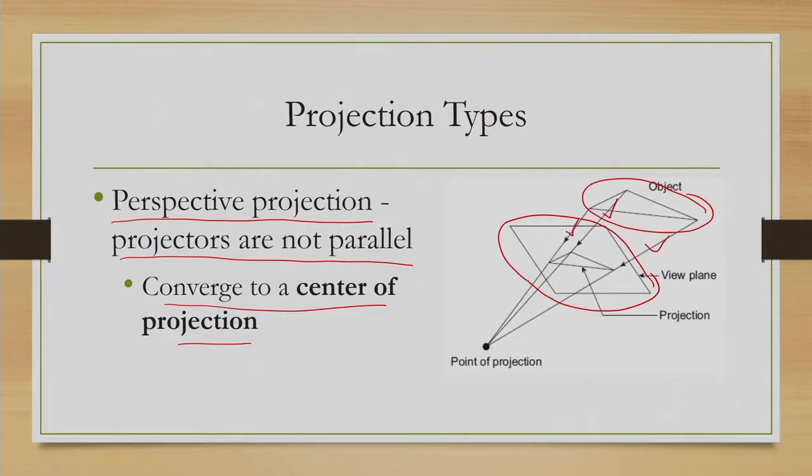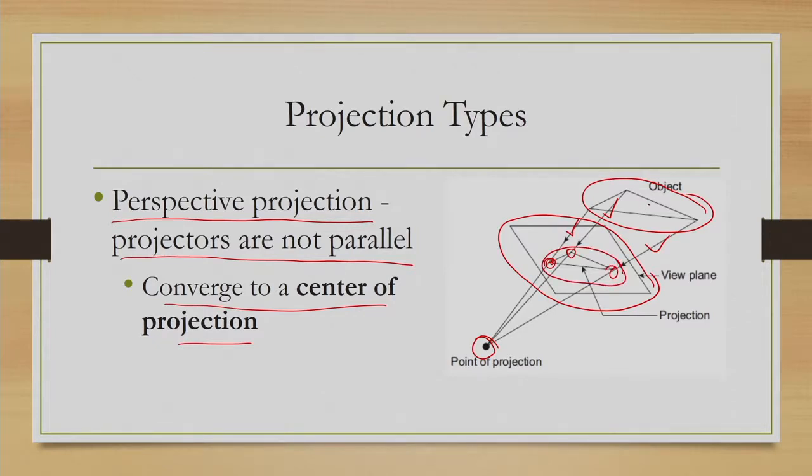Now, these projectors are not parallel to each other and they are projected towards a common point of projection where they meet. During this process, they intersect or pass through the view plane, and the points of intersection like here, here, here taken together give us the projected image.